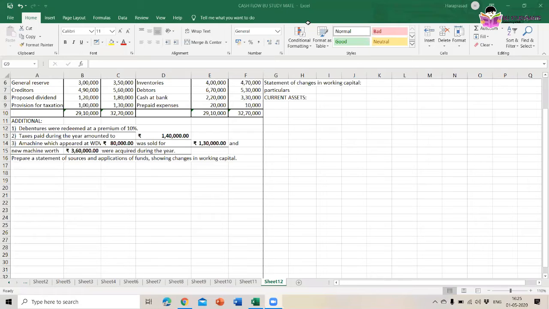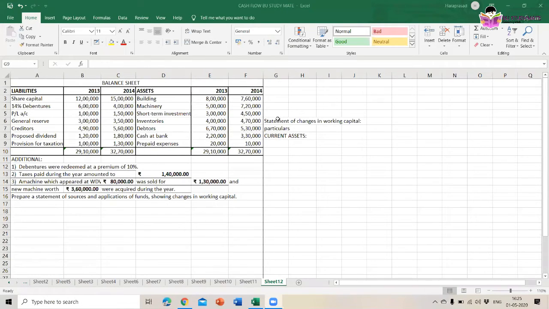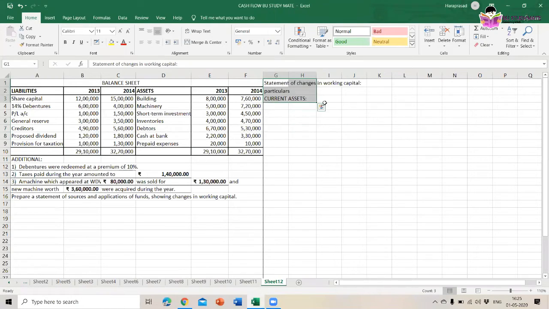You just write down according to the format. Current assets and current liabilities. What are current assets here? In the assets there are short-term investments, inventories, debtors, and bank.